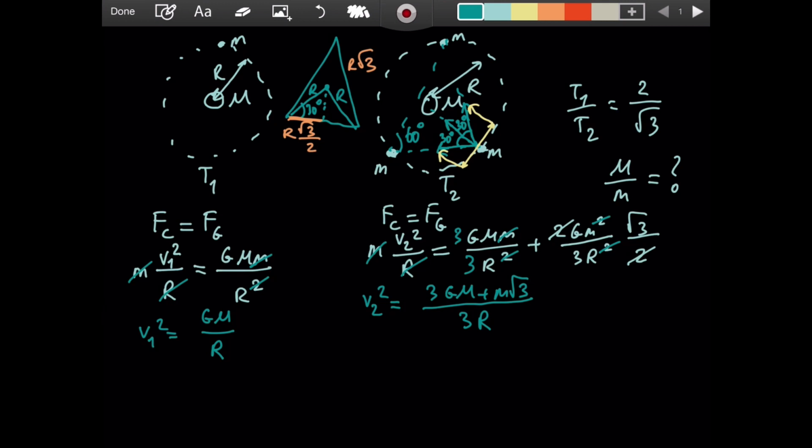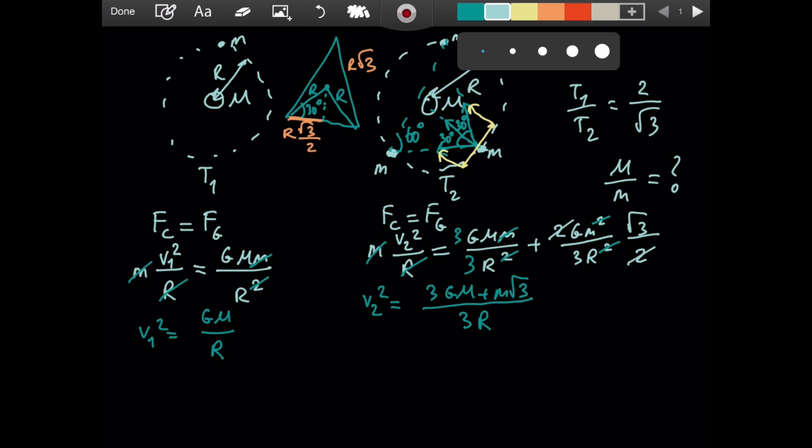Cool. But you might be wondering, what is the purpose here? We are finding expressions for the velocities. How do we relate these to the periods which are given by the question? Well, the idea is simple actually. Perhaps you even thought of it.